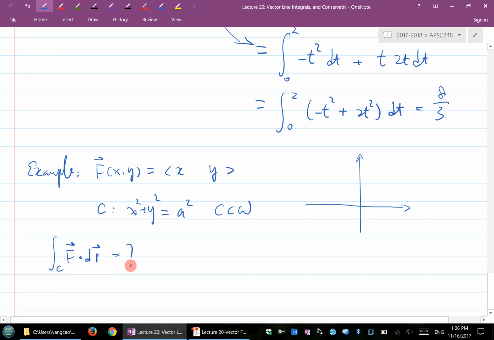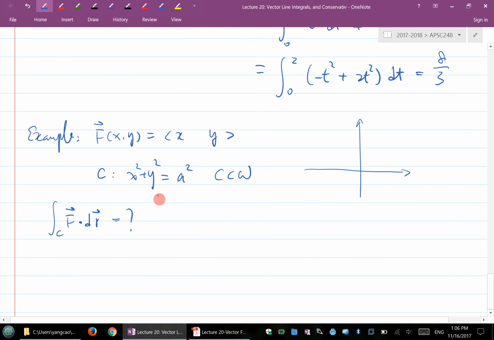You can proceed by the typical process, but then you would have to find the parametric equation for the curve C, right?